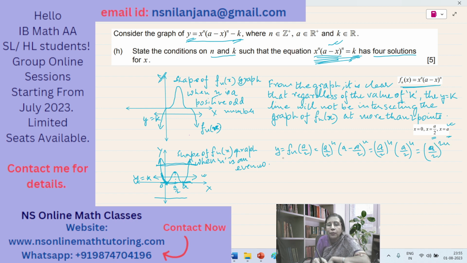So this is the y value when x equal to a over 2. So the point's coordinates will be a over 2, comma, a over 2 whole raised to the power of 2n. Clear?